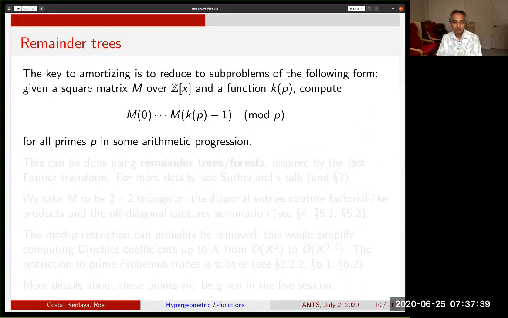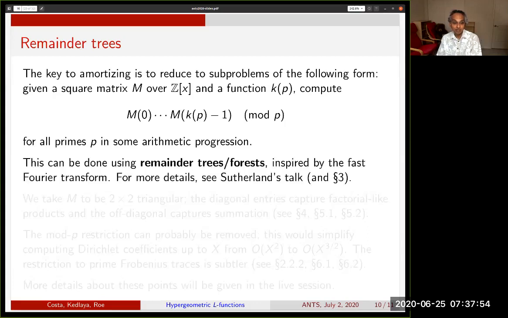Typically, we also restrict to some arithmetic progression. You'll notice that there's a lot of redundancy between these different computations because as you vary p, the initial segments of these products are all the same. And so this suggests the possibility of amortizing the computation.